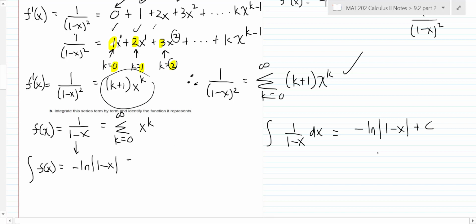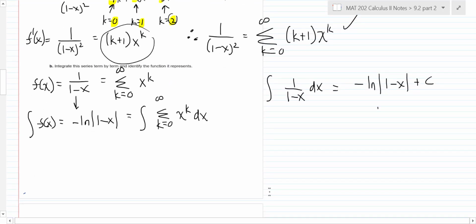Then what we're going to do is integrate term by term the terms in this series. So I'm going to bring this down right here. What we're trying to do is find a series representation for that expression, negative ln of 1 minus x.